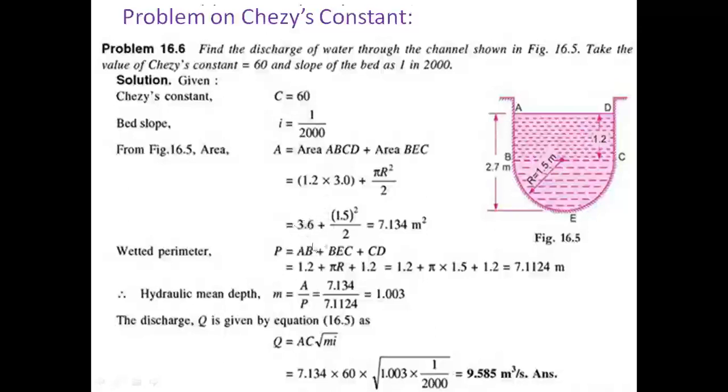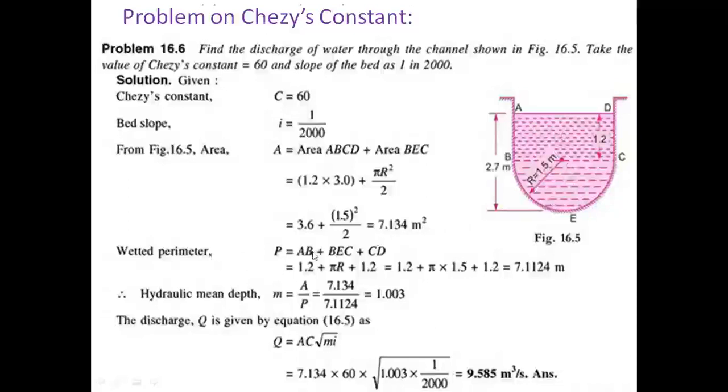Plus pi r square by 2, pi into 1.5 whole square by 2. So the total area of the channel, including both the rectangular and semicircular channels, is 7.134 meters square.